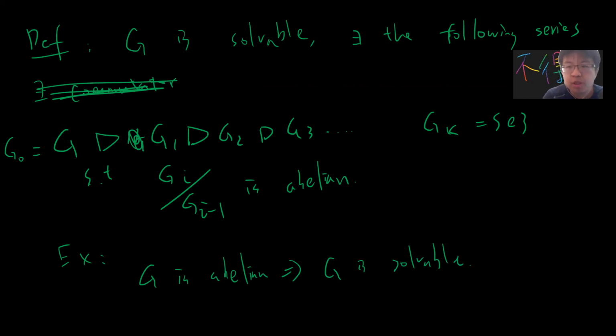Usually it seems that checking whether a group is solvable is not a very easy task, because you need to compute all the commutators. But this is actually not true. This is the theorem that people like to state.